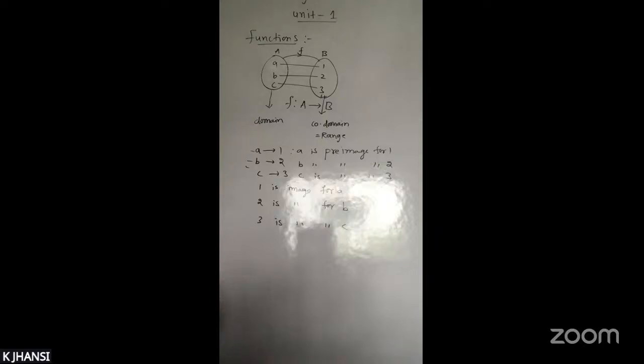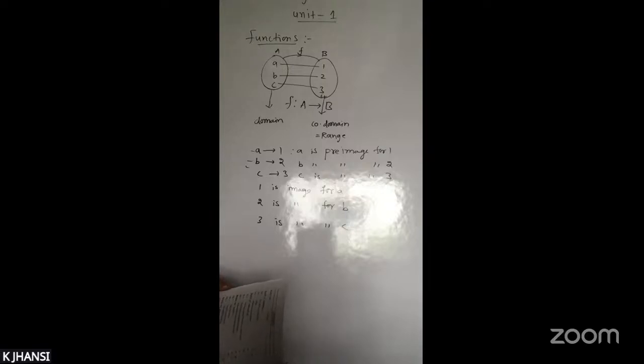After this, we have the types of function, which is very important. These types of function will be useful in the later units, the second, third, fourth, sixth, seventh units in groups. As I told you in the introduction, we have the fundamental theorem of homomorphism.